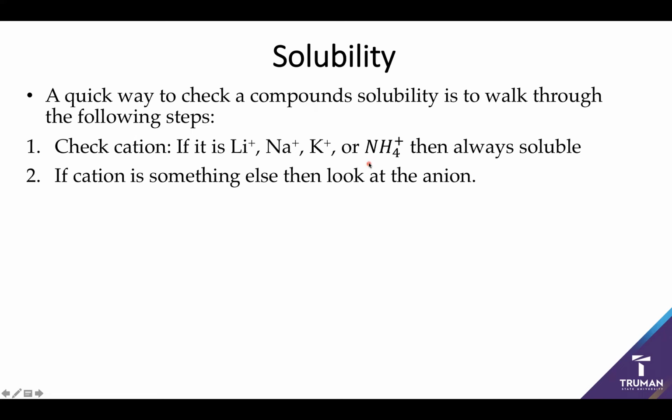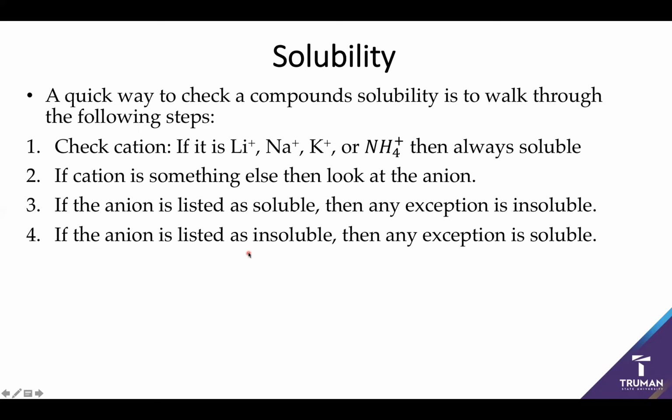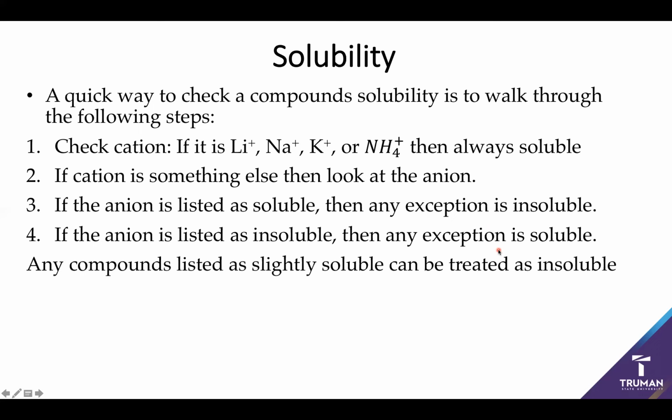If the cation is something else, let's go ahead and look at the anion, because most of the other rules are based on anions. If the anion is listed as soluble, then you're good, but make sure you're not bound to one of the exceptions. In that case, it's insoluble. Conversely, if the anion is listed as insoluble, something like hydroxide, go ahead and check the exceptions, make sure it's not one of those. Otherwise, expect it to be soluble.